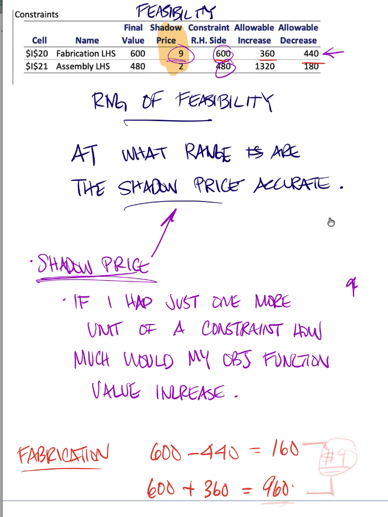So this tells us that the shadow price of $9 is correct as long as we're within this range.